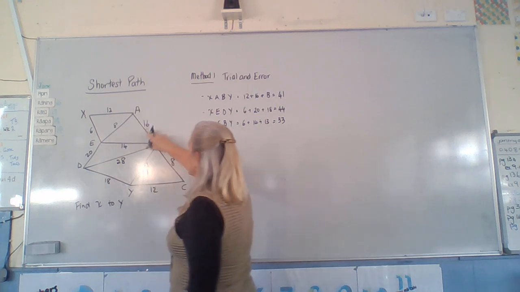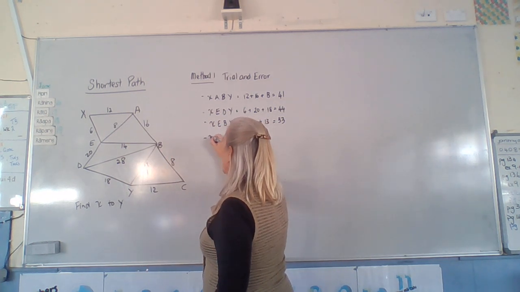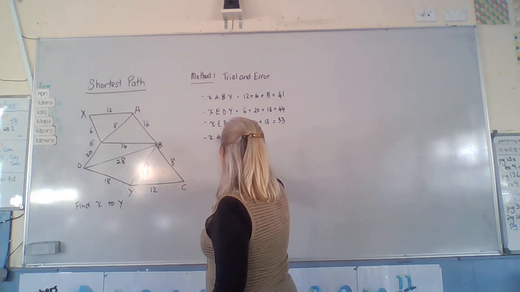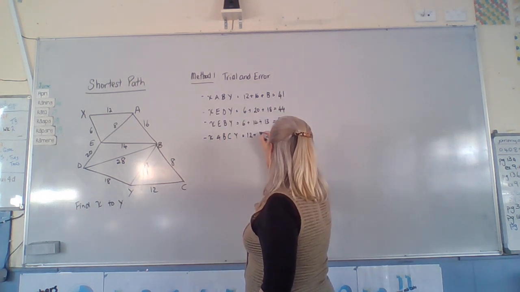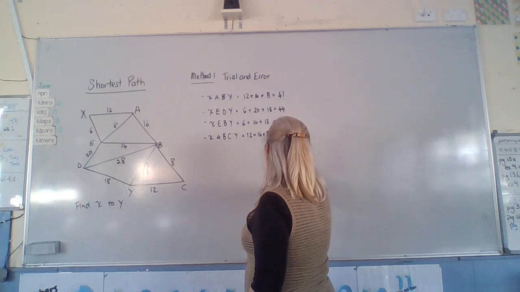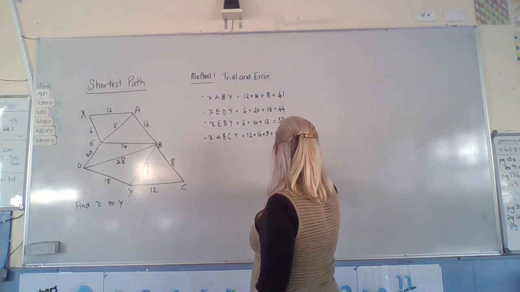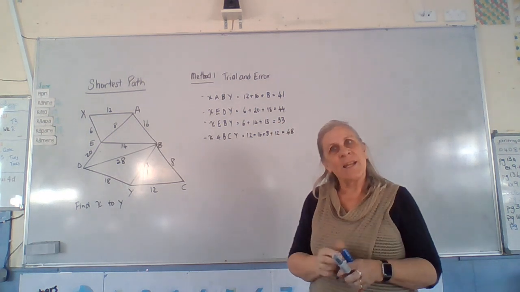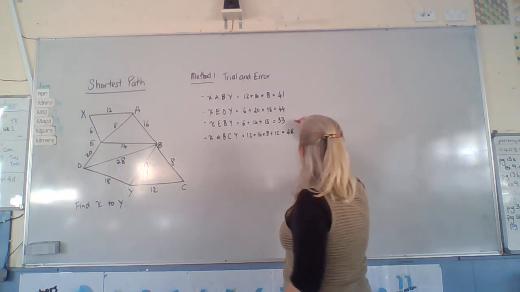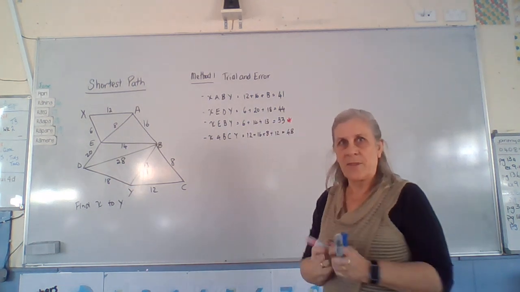X to A to B to C to Y is 12 plus 16 plus 8 plus 12. That's 28 plus 20 is 48. All right, so on the trial and error way, I'm actually quite happy saying this is my shortest path.